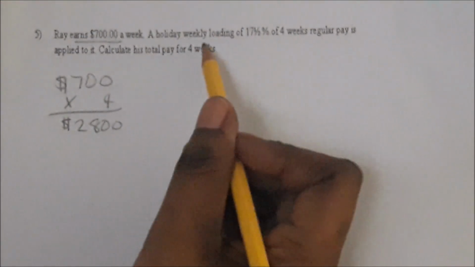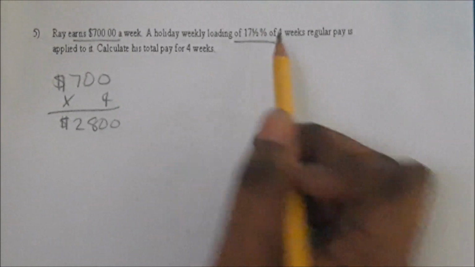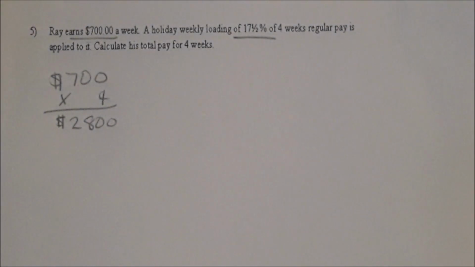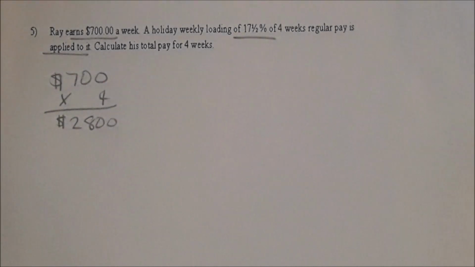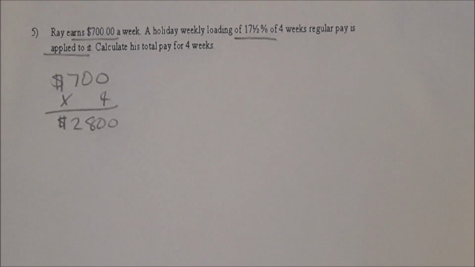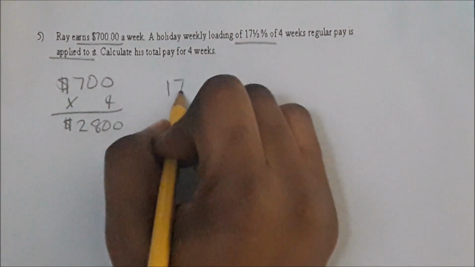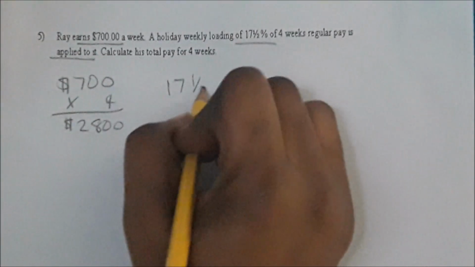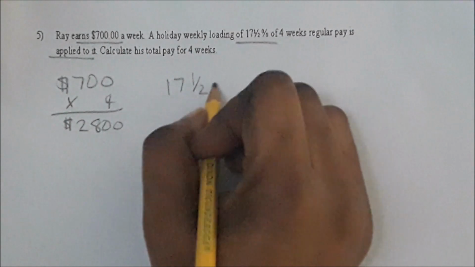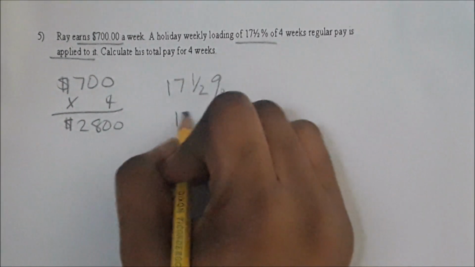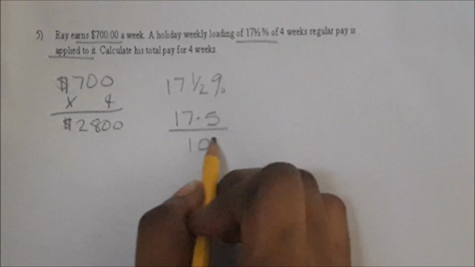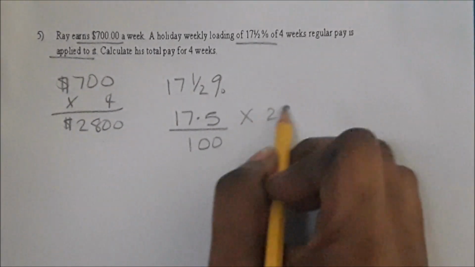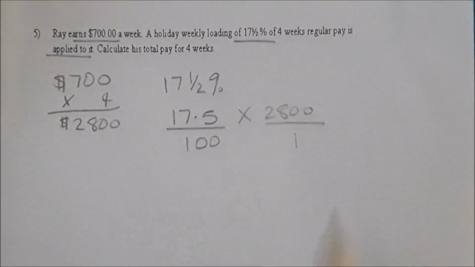A holiday weekly loading of 17.5% is applied to it. What is 17.5% of this $2,800? We'll move to the calculator. Write it first. 17.5 percent, we could also rewrite that as 17.5 divided by 100 times 2,800 over 1.